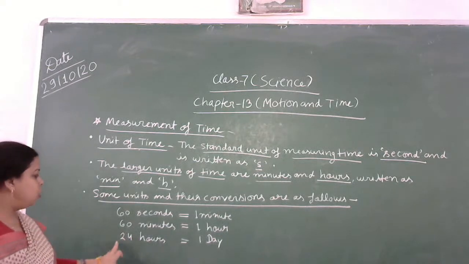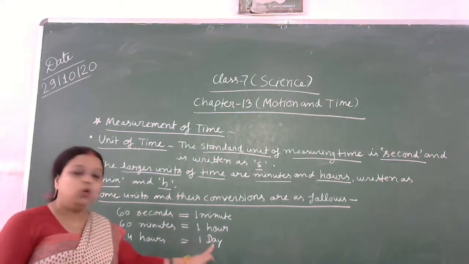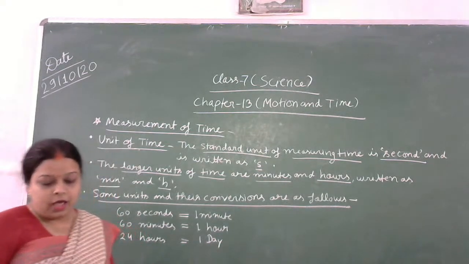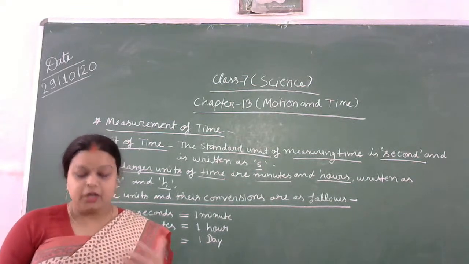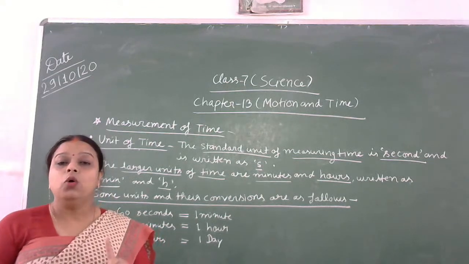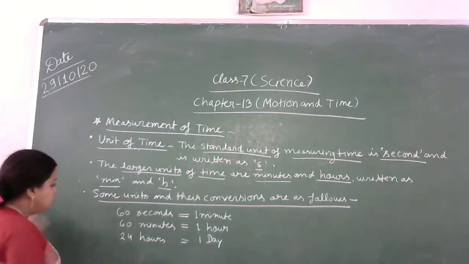Is that clear? 24 hours equal to 1 day and 30 days equal to 1 month.